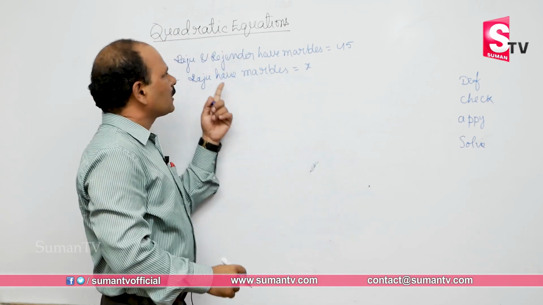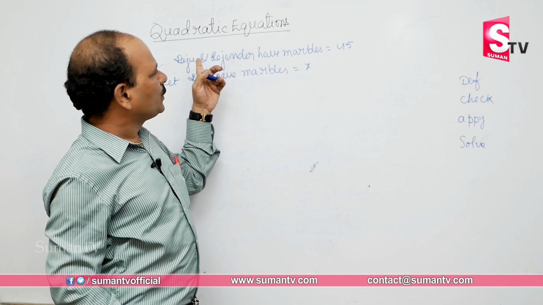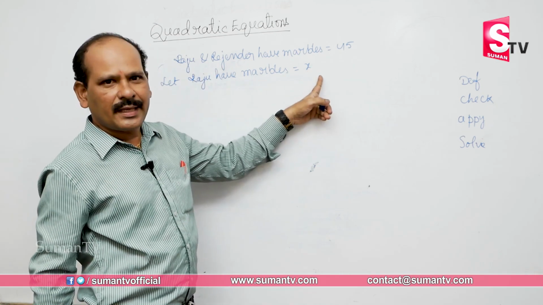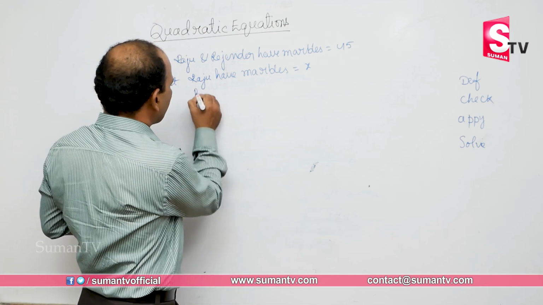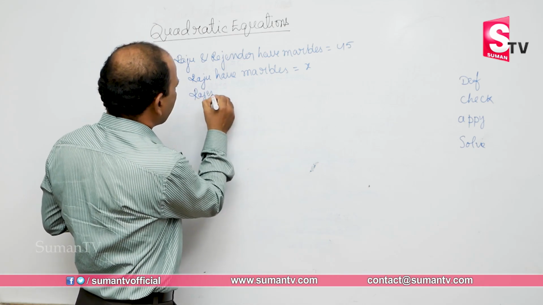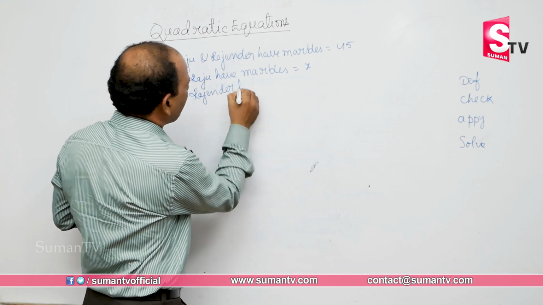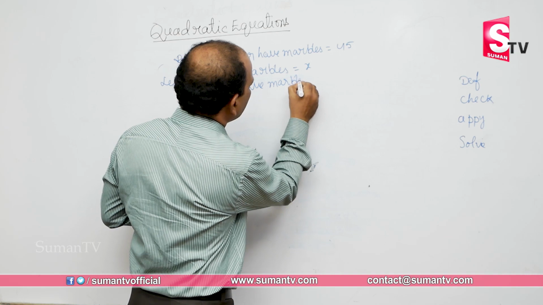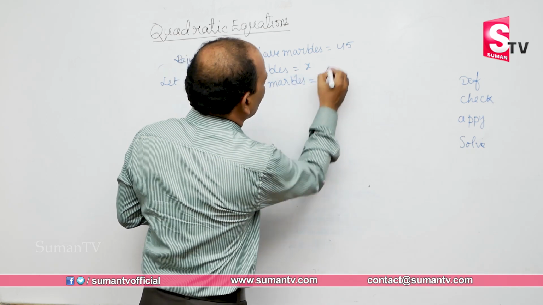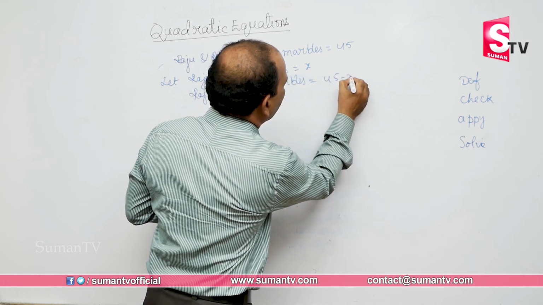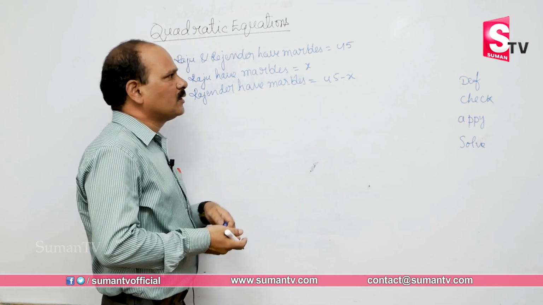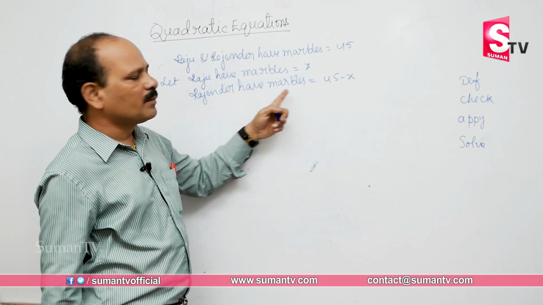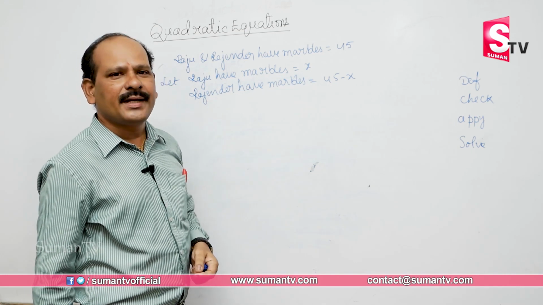Let us assume both of them together have 45 marbles. Raju has x marbles, then Rajendra has marbles equal to 45 minus x. When we assume Raju has x marbles, then Rajendra has 45 minus x marbles.